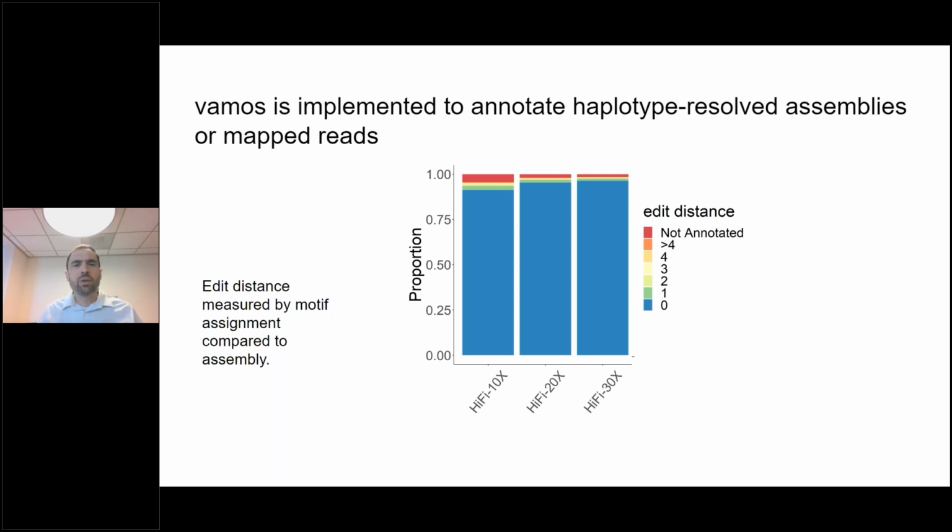But since we've also implemented this for raw reads that might be in too low of coverage to have a decent assembly, we evaluated the overall accuracy. Again, this is edit distance in terms of motif assignment, not base edit distance. We can get around 95% accuracy with a pretty low edit distance with 10-fold coverage. This is on a genome-wide analysis comparing VNTR annotations with assembly-based ground truth.